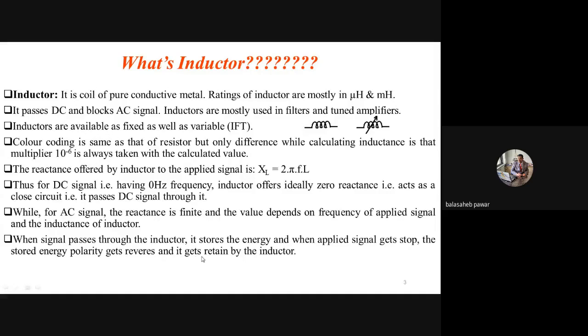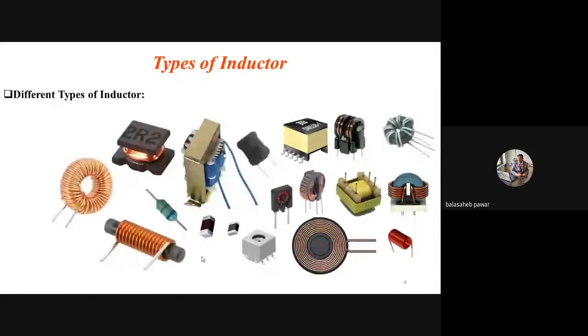That means the energy stored by the inductor gets retained, but the polarity gets reversed whenever the current flowing through that inductor gets stopped or becomes zero. This is the most important thing in applications. Whenever it comes up, I will try to explain in detail.